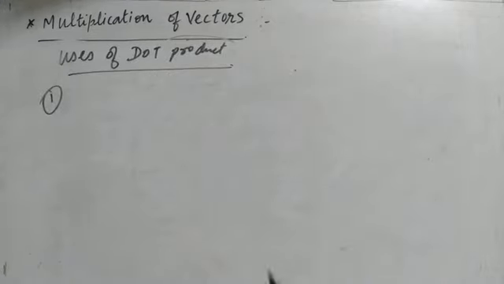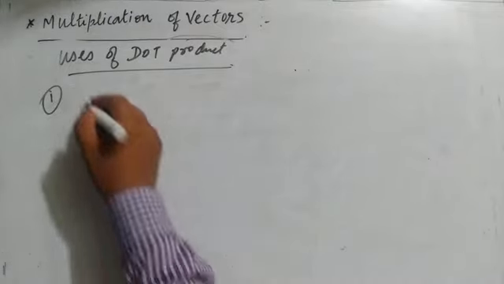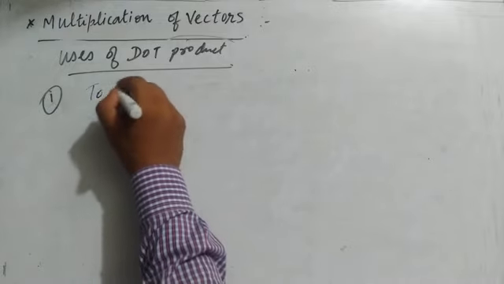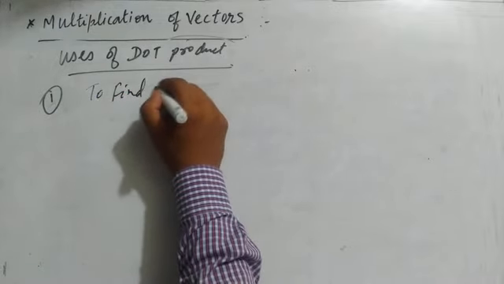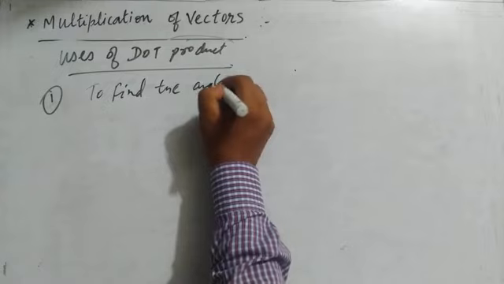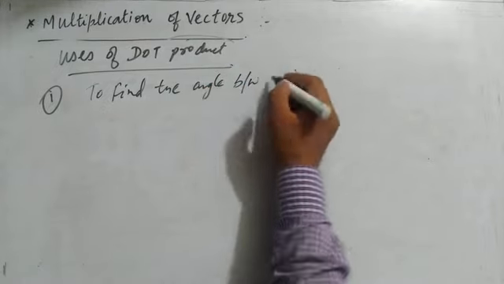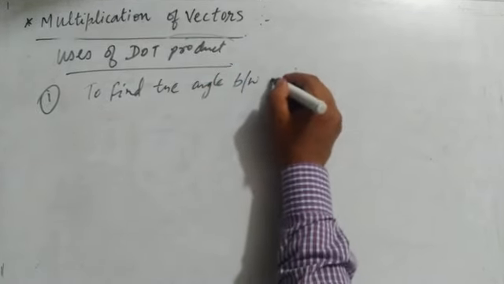Now, uses of dot product. Where we can use this dot product? The first use is, we can find the angle between given two vectors.